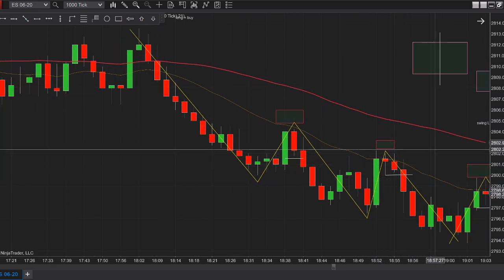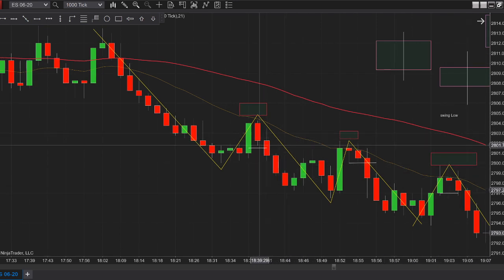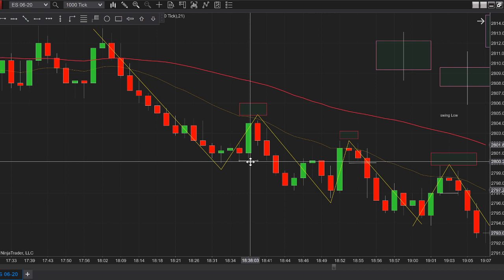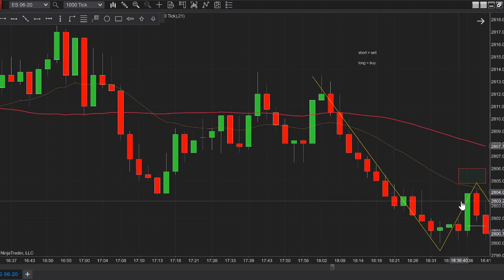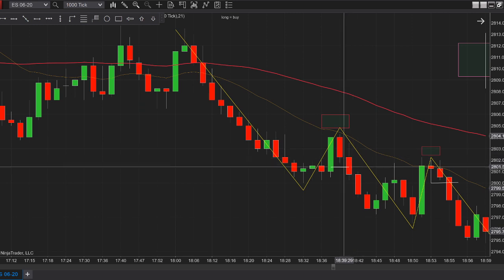This is a pivot high, this is a pivot high, and what you want to do is put your sell stop below the low of each candle, and it will become a pivot when you have a candle that breaks the previous one. Okay, so this is how we enter.